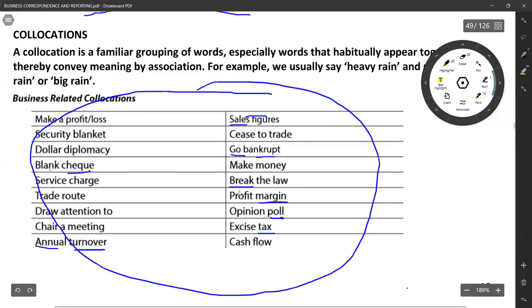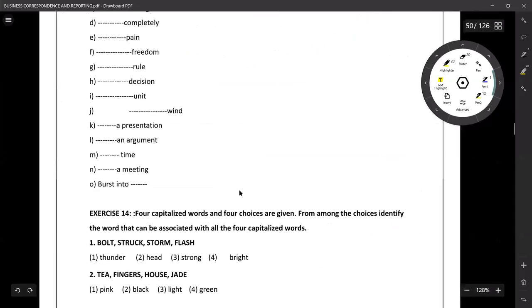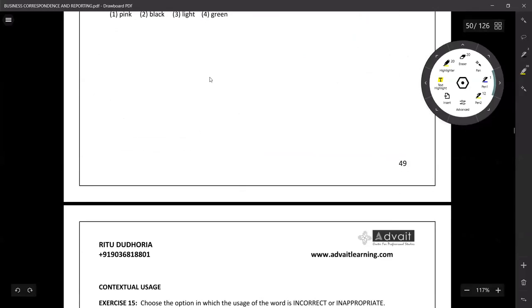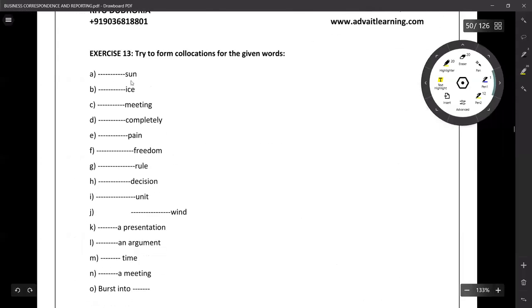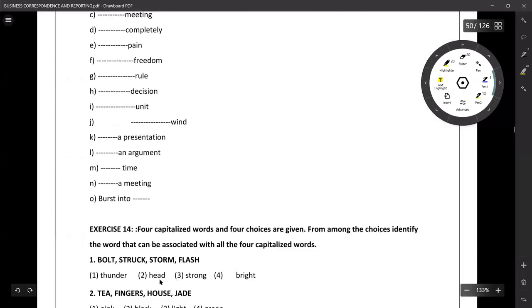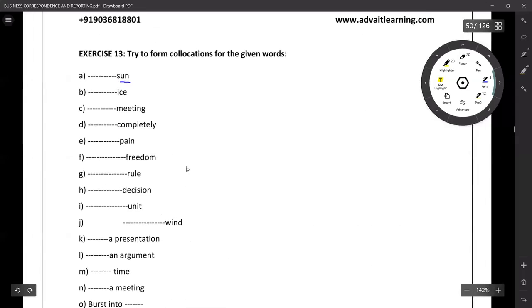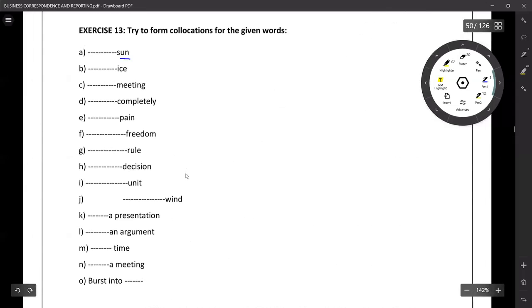Now, if you see these here, there is a word, there's a blank. You have to tell me what I can collocate with this. Shall we try this out? Last two exercises for today, guys. Last page. Just read it once quickly and then we'll discuss it. There can be various answers, so don't be afraid. Right answer, wrong answer, we'll see that. Try out, guys.